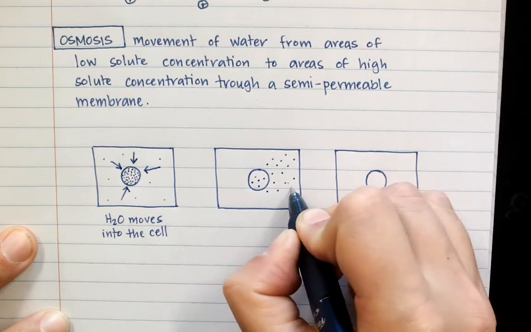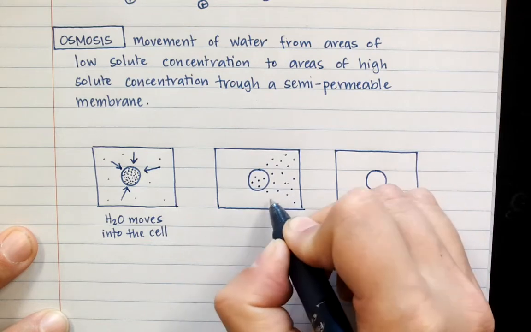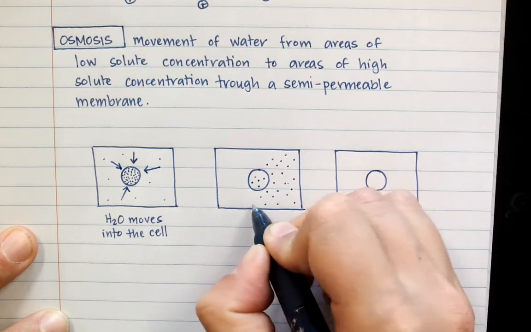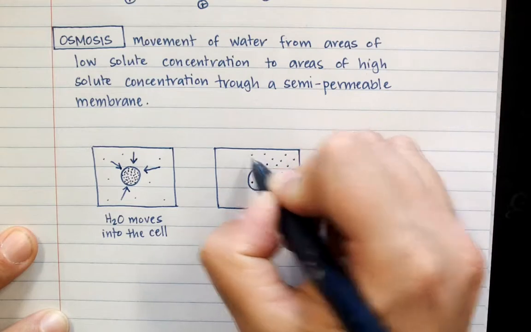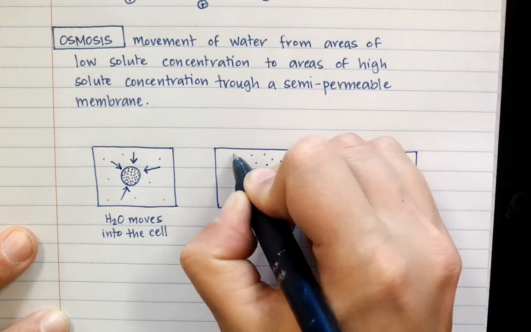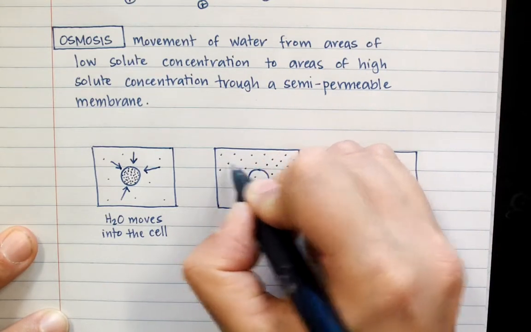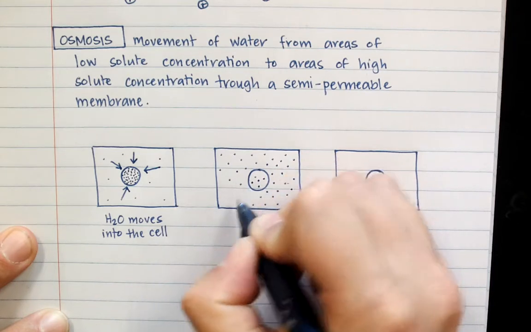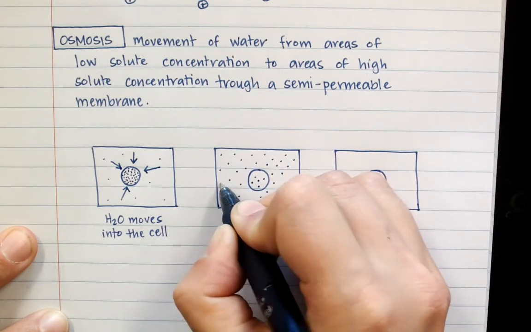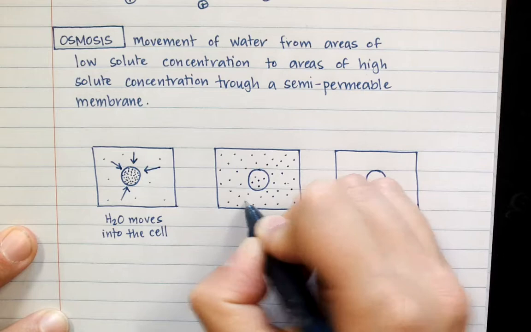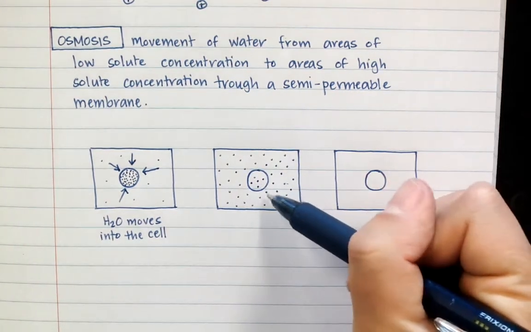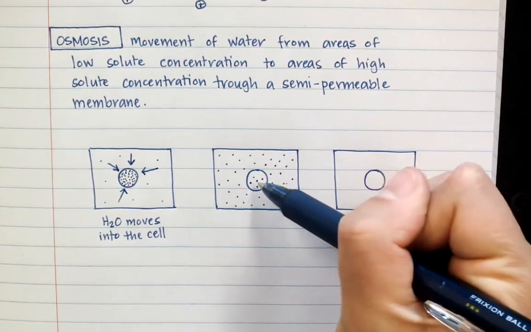When I say concentration, I'm not talking about how many glucose there are, because as you can see, I already have way more glucose outside of the cell than I do inside of the cell. The trick is that the glucose is about the same space from each other outside of the cell as they are inside of the cell.